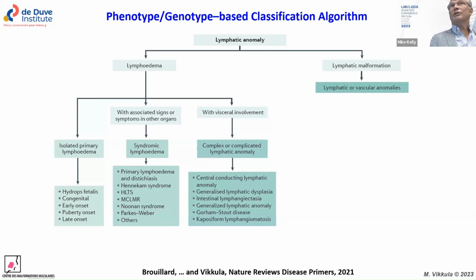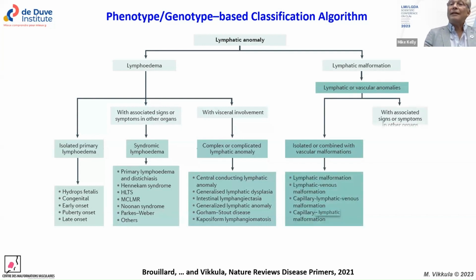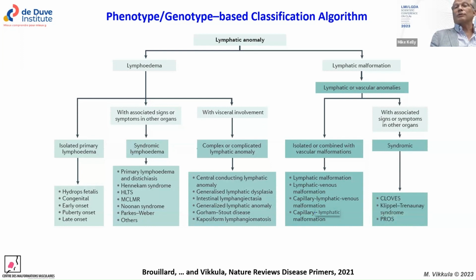Then we have the malformations, where again we usually have isolated ones, or they can be combined with venous, but they don't have other organ systems involved. And then we have the ones with associated signs and symptoms, which classically in genetics are called syndromic ones, for example CLOVES or Klippel-Trenaunay or PROS.